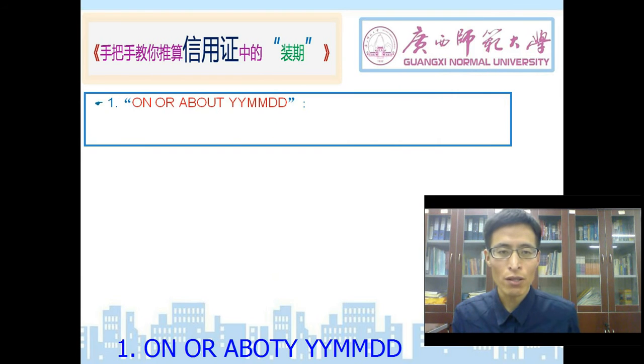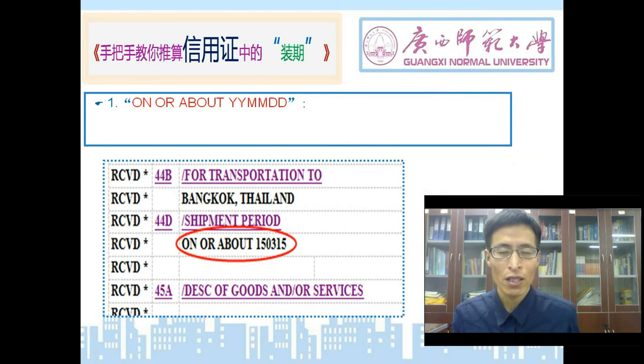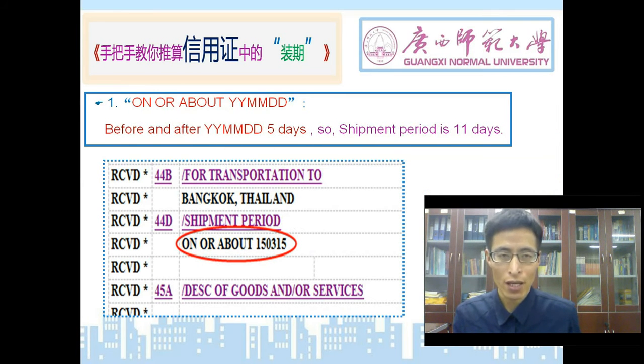When you see this kind of expression, on or about 15/03/15, when you calculate the period of the shipment, you have to include this day and then count 5 days before this day and another 5 days after this day. So totally the shipment period is 11 days for this English expression.